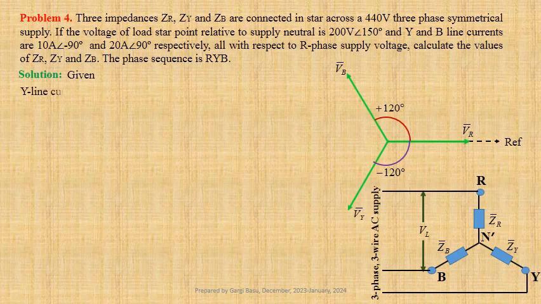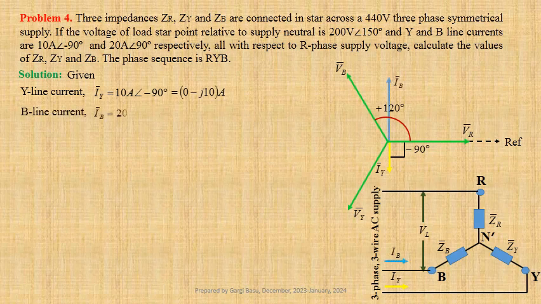Given current flowing through the Y line, Iy equals 10 ampere at an angle minus 90 degree, this may be expressed in Cartesian form as 0 minus J times 10 ampere, and current flowing through the B line, Ib equals 20 ampere at an angle 90 degree. This may be written in Cartesian form as 0 plus J times 20 ampere.